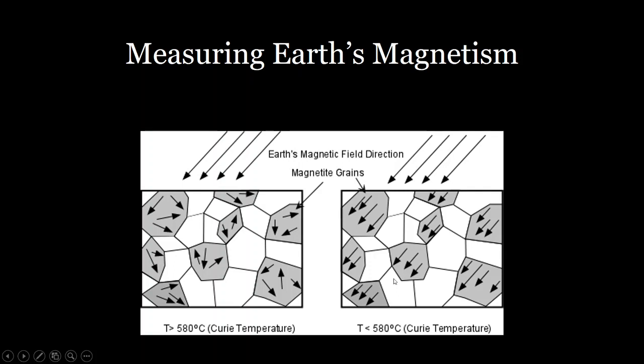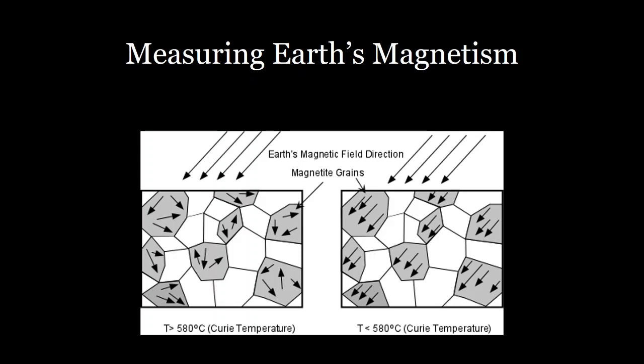So the reason that this occurs is because magnetic minerals can store the magnetic field that they were exposed to when they formed. Magnetic minerals such as magnetite, an iron-rich mineral, have oriented grains within them, and those grains can move around when it's really high temperature. We call that the Curie temperature, at 580 degrees Celsius.